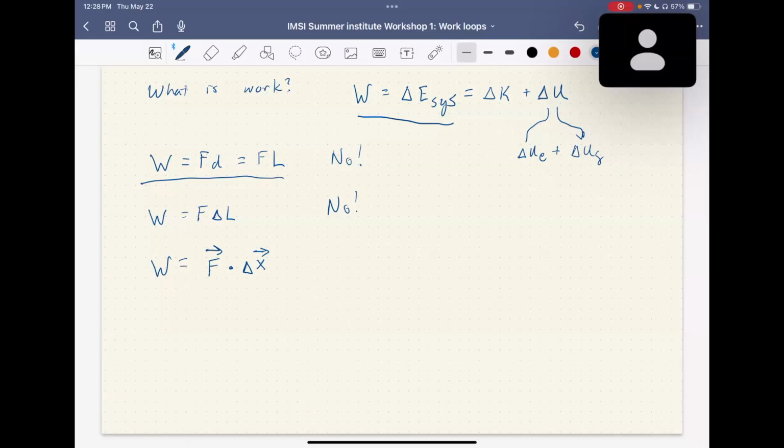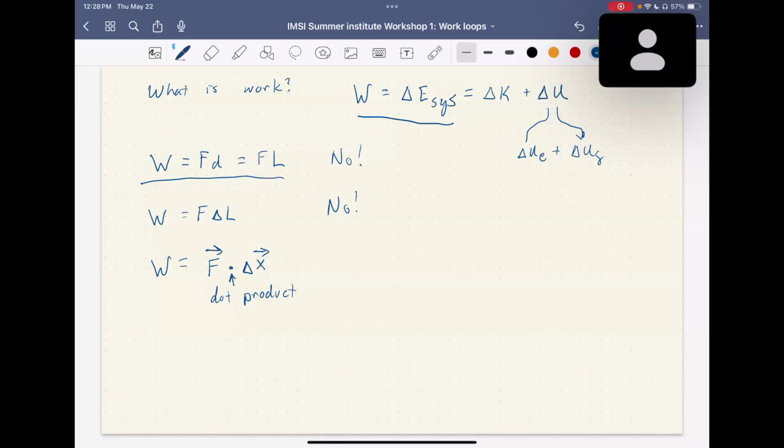And so we need to multiply those vectors in a particular way, in this case, using a dot product or a scalar product. That's why that dot is really important. And why is that so important to consider? It's because the only contribution of force and change in position of the system that is relevant for work is when the two are parallel.